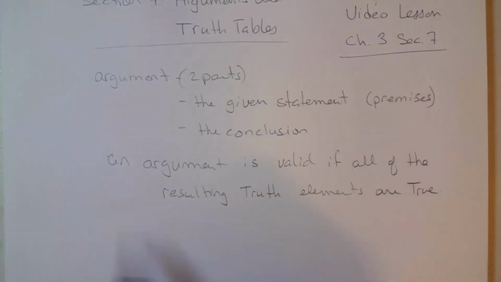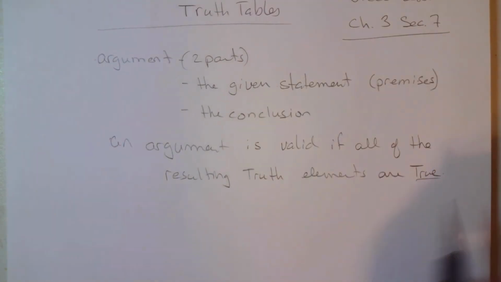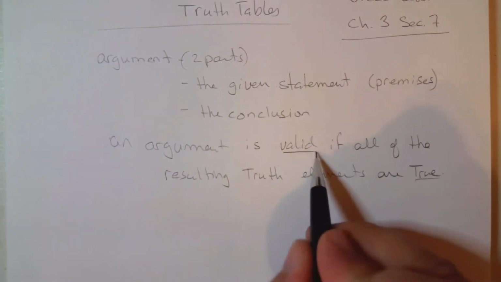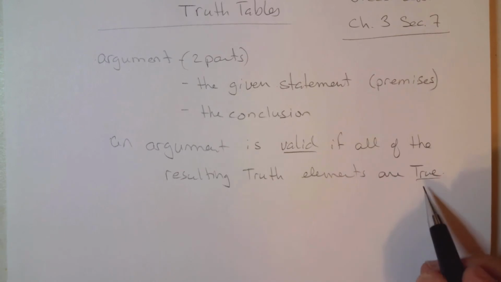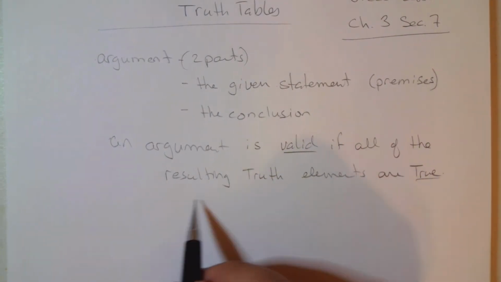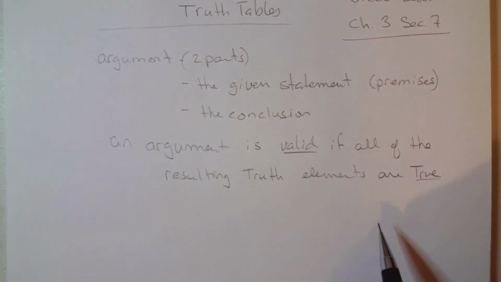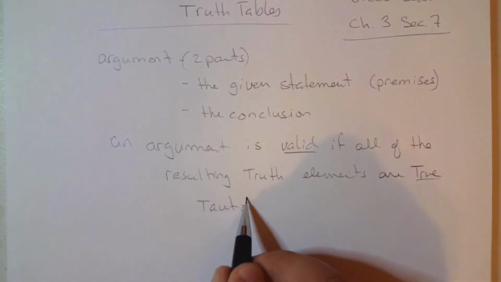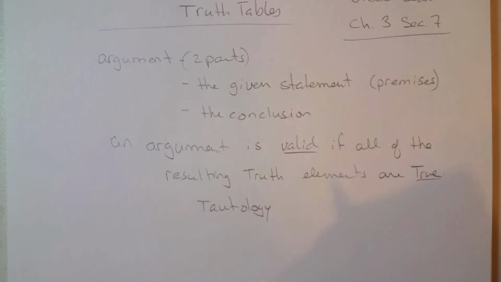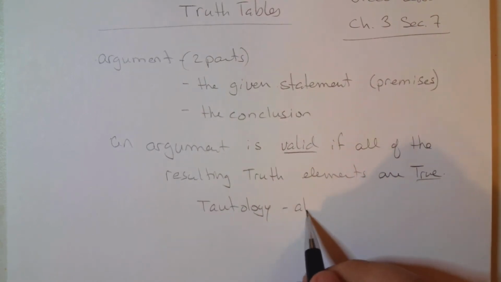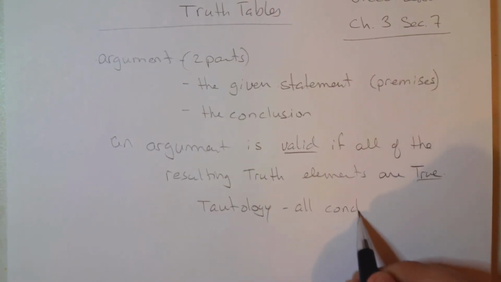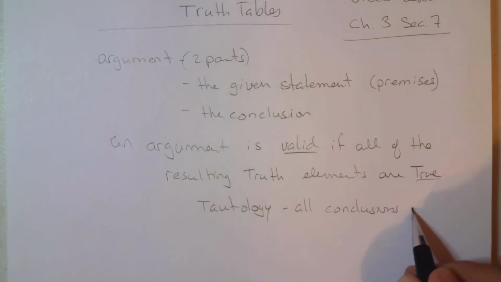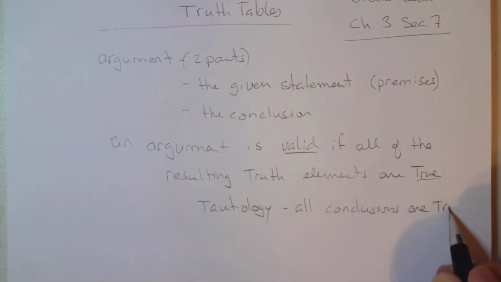So the very last column of your truth table, if they're all true, then it's a valid argument. And whenever all the conclusions are true, we call that a tautology.